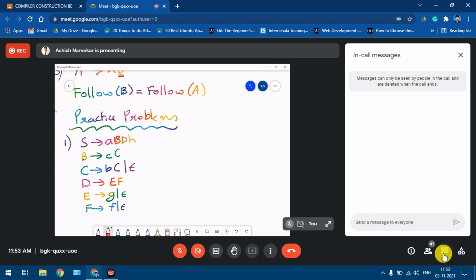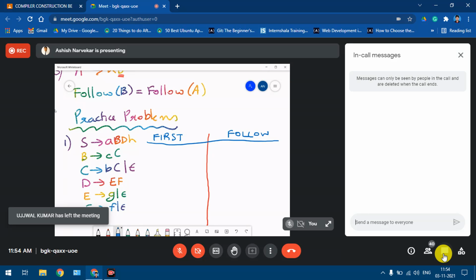divide this into two halves. Okay. So first we'll write the first sets, and on the right hand side we can write the follow. Okay. So let's start writing.